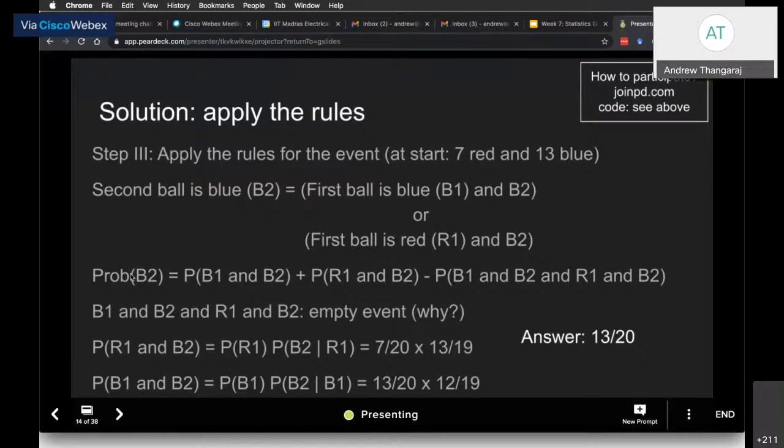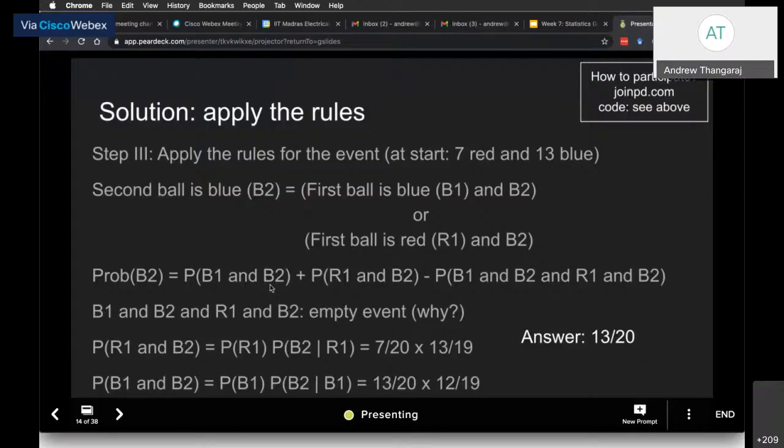So now I want to find the probability of B2. This is the probability of one event, which is B1 and B2, or with another event, which is R1 and B2, right? So you use the event 1 or event 2 rule. What is that rule?